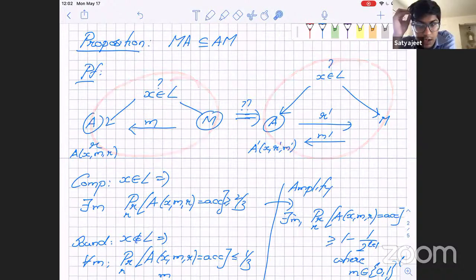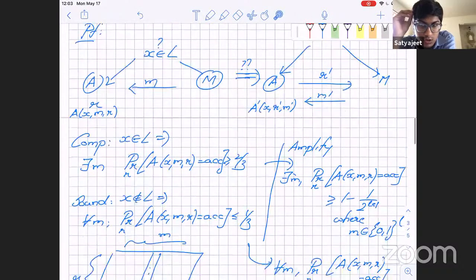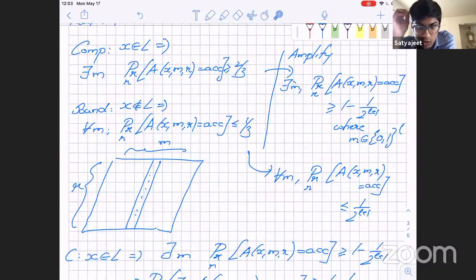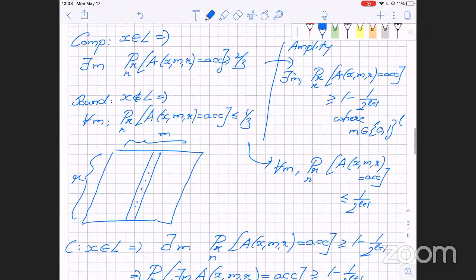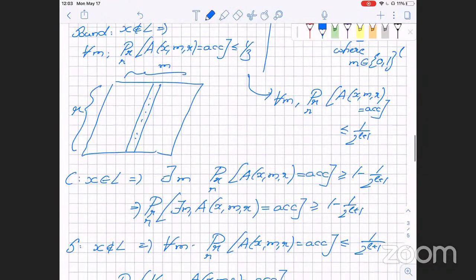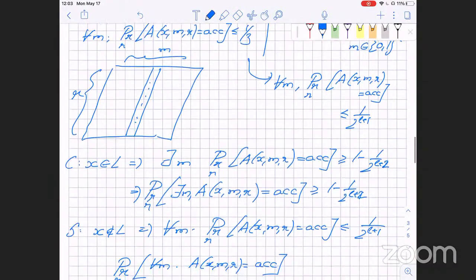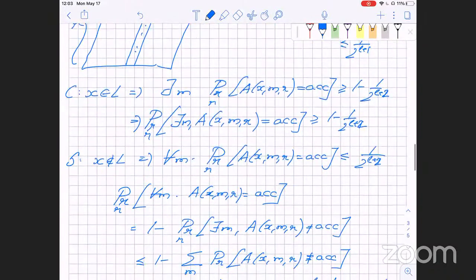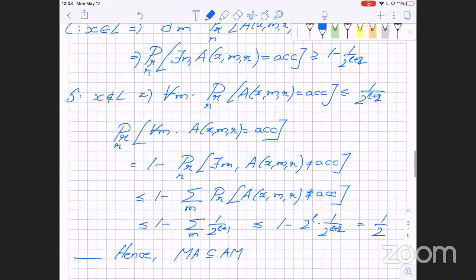For AM, we use 2/3 and 1/3, right? So you also have to show that you can write this down. Possibly let's not make it 2/3, let's make it L plus 2. So then this will be L plus 2, and this will be L plus 2. This will be 1/4.